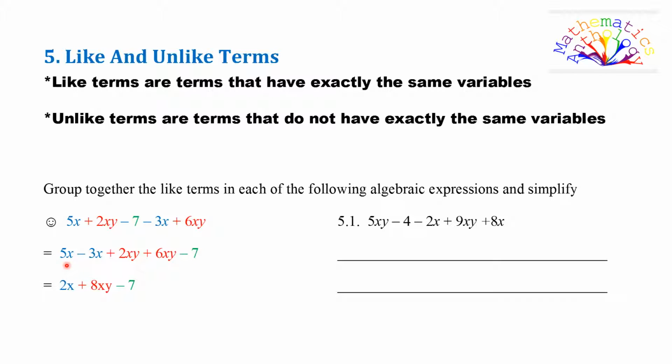So if we look at the blue here, 5x minus 3x will give me 2x. Our reds here, 2xy plus 6xy will give me a positive 8xy. And our lone negative 7 constant is just at the end there. So our simplified version of this algebraic expression is 2x plus 8xy minus 7.